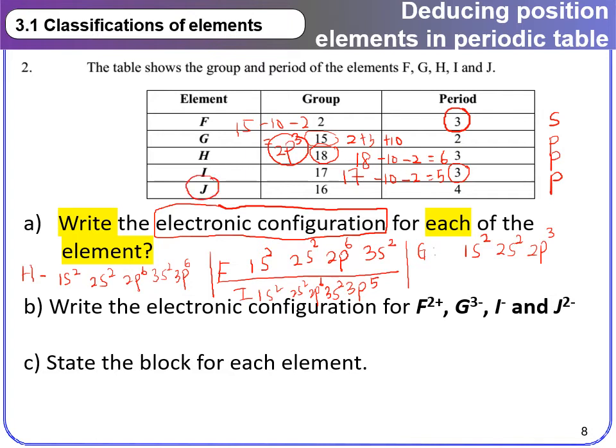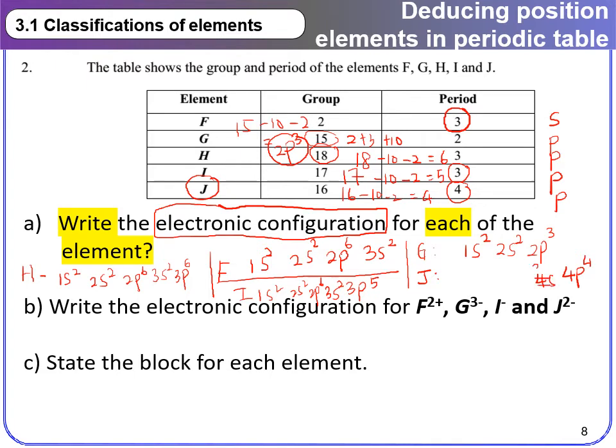Okay, last, element J, group 16. Again, we know it is a p block element, and it ends up with period 4. So element J ends with 4p as well. This time we use 16 minus 10 minus 2 equals 4, so it will be 4p4.